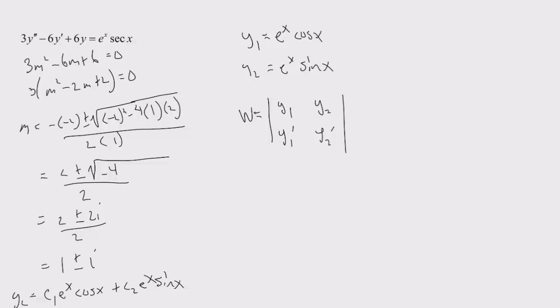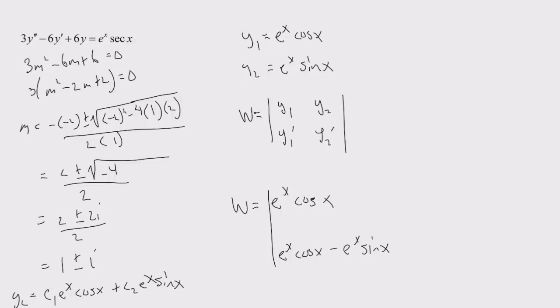So setting that up, I get e to the x cosine x, and let's see, derivative of that would be e to the x cosine x minus e to the x sine x.